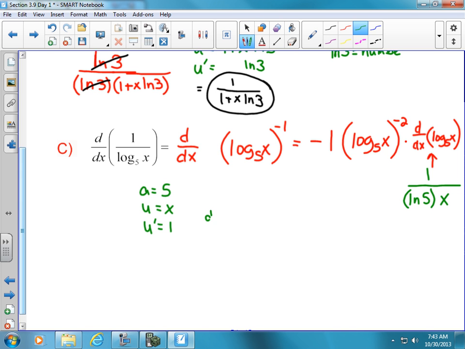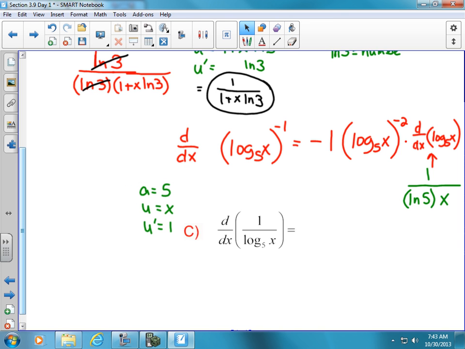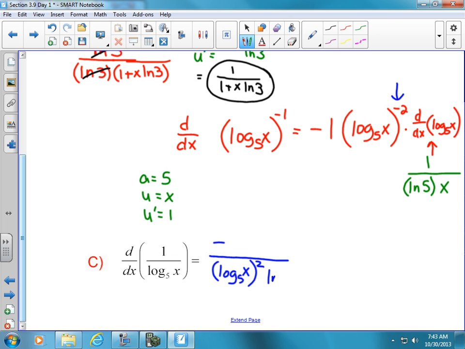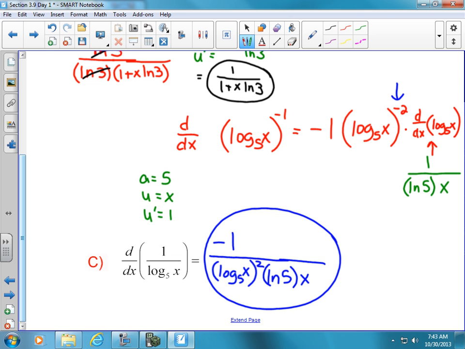So the derivative of this equals, we have a negative, and don't forget, this is to the negative 2, so I'm going to write this underneath: log base 5 of x squared, because that's underneath, and then we have ln of 5 times an x. And on the top, we just have a negative 1. So that will be our fancy-dancy derivative.